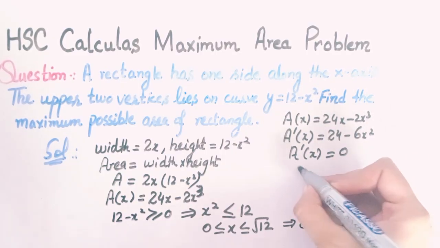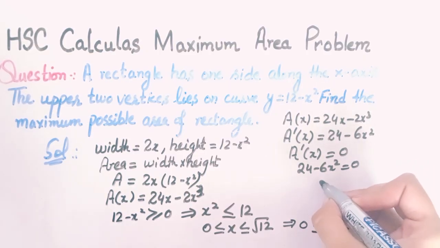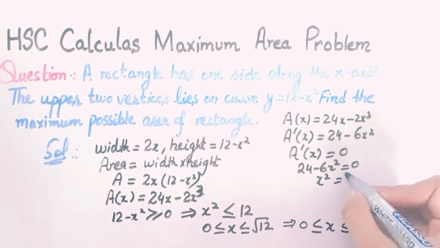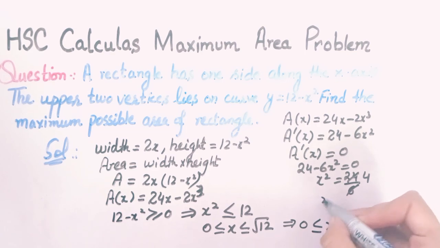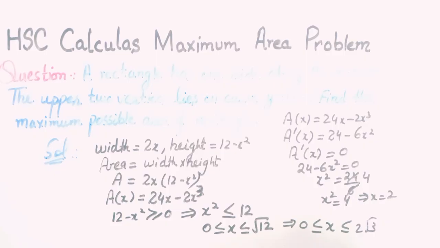We get 24 minus 6x squared equals 0, which implies that x squared will equal 24 by 6. x squared is 4, so the value of x is 2. Now we have the value of x is 2.